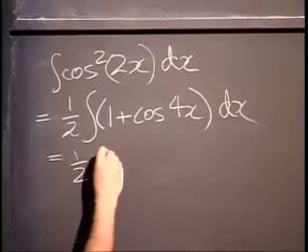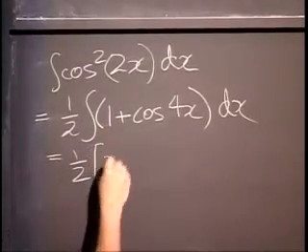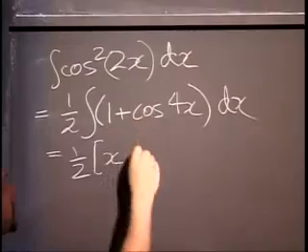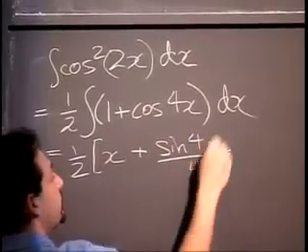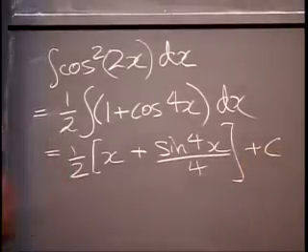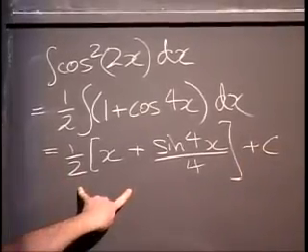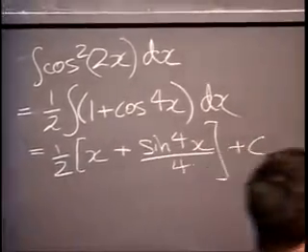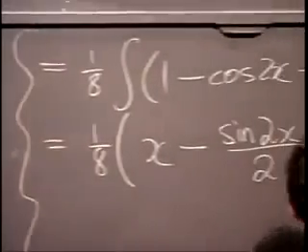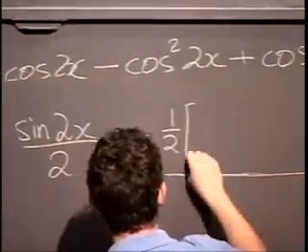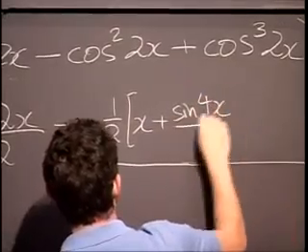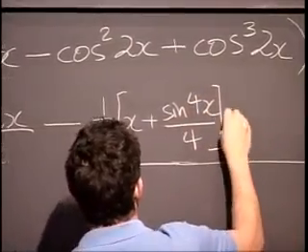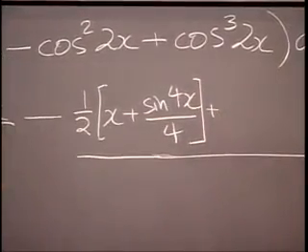And as I've said, the integral of 1 is x. The integral of cosine 4x is sine 4x over 4. And actually, we can pull this piece in over here with a minus sign in front of it.